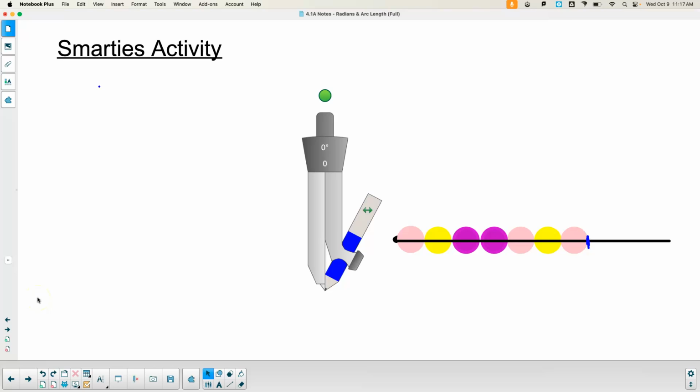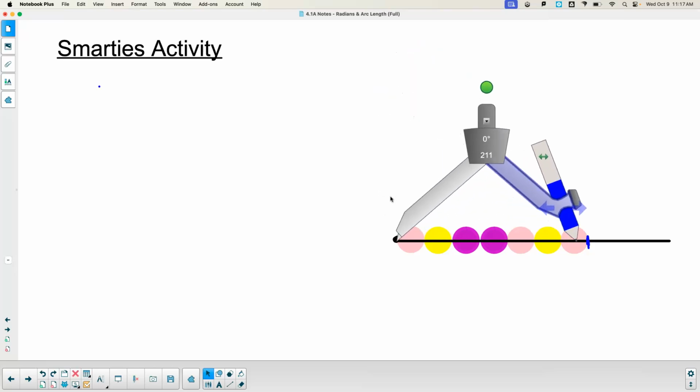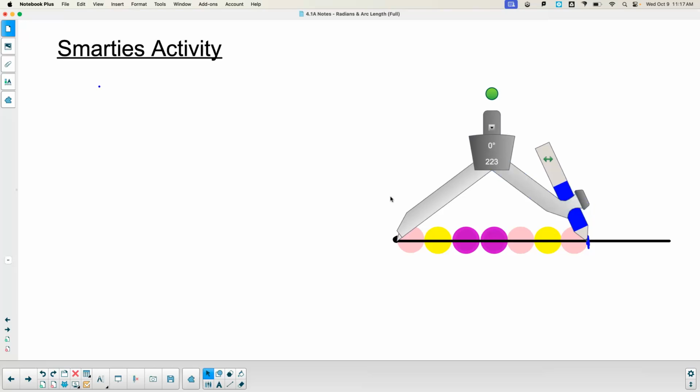I'm not sure why that took me to stop there to get there, but okay, so now what you're going to do is put the pointy end of the compass on the dot. Then you're going to expand the compass out to your mark. And here's how you use a compass. Compasses are used with 2 fingers and 1 hand. This little knob thing at the top, that's what you grab onto to use the compass.